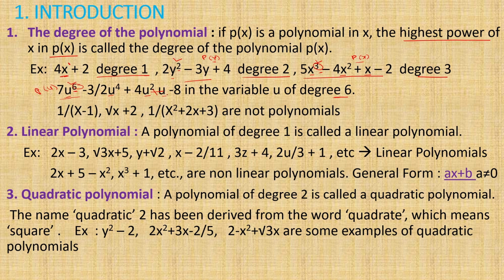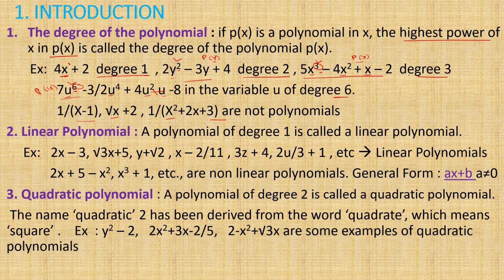Okay, and let us check this one: 1 by x minus 1, root x plus 2, and 1 by x square plus 2x plus 3. These are not polynomials. Here the variables are in the denominator or in root form. Such things are not called polynomials.